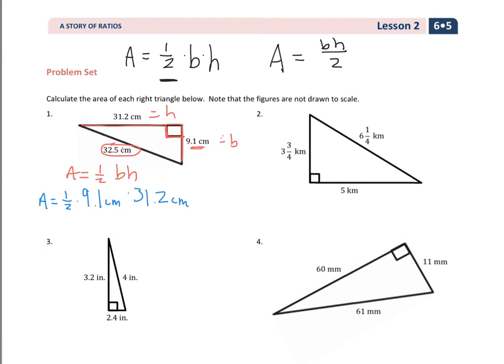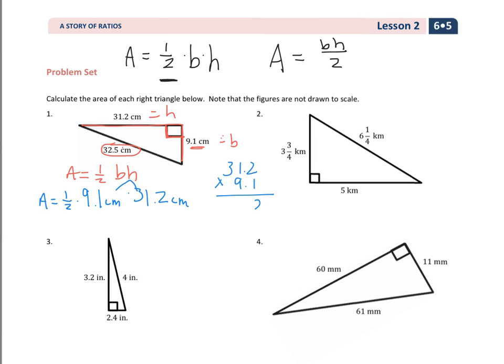So my first step here is I have to decide what I'm going to multiply or do first. I can take half of any of these numbers, or because of the commutative property, I can multiply these two numbers first. And that's what I'm going to do first. I'm going to multiply my 31 2/10 times 9 1/10.